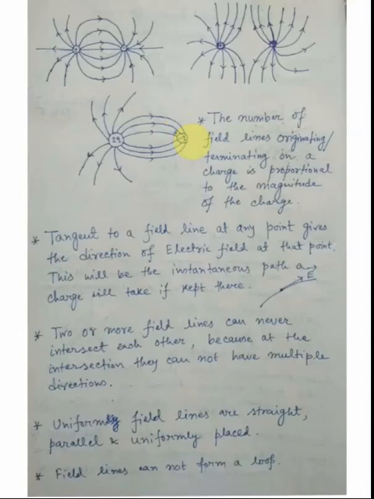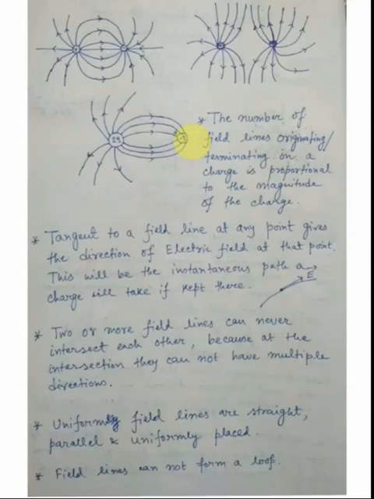Another important property is that the tangent to a field line at any point gives the direction of the electric field at that point. And this will be the instantaneous path a charge will take if kept there.